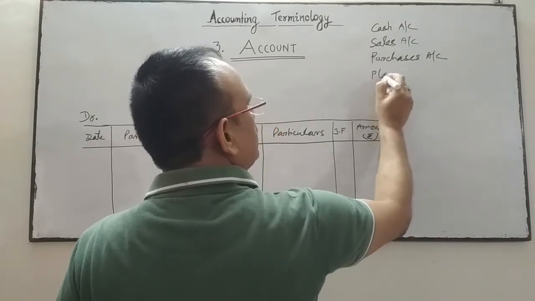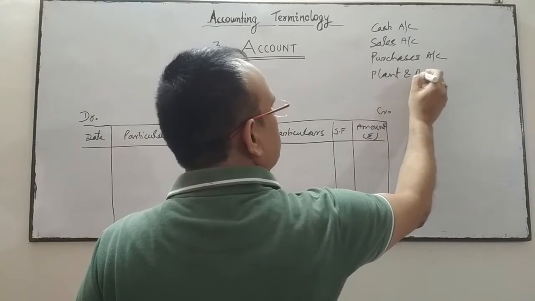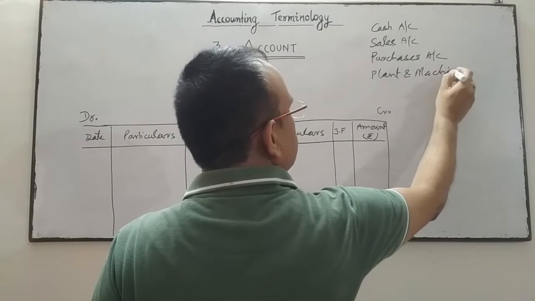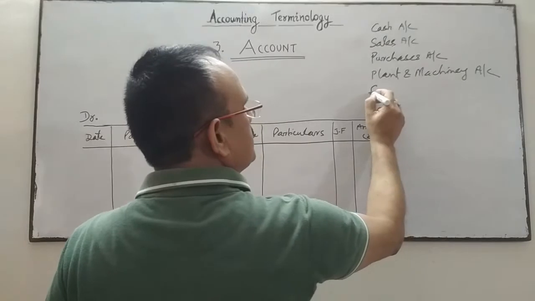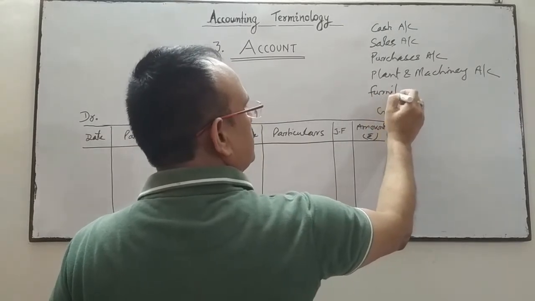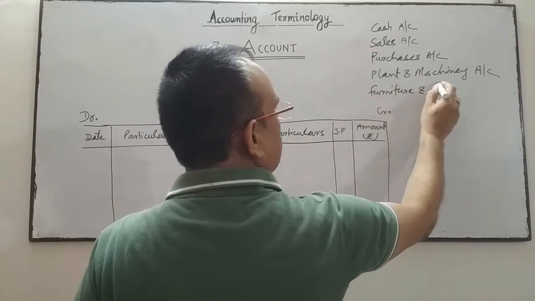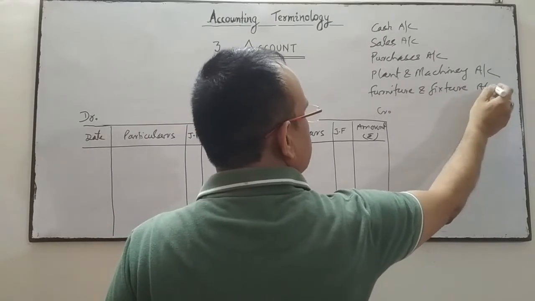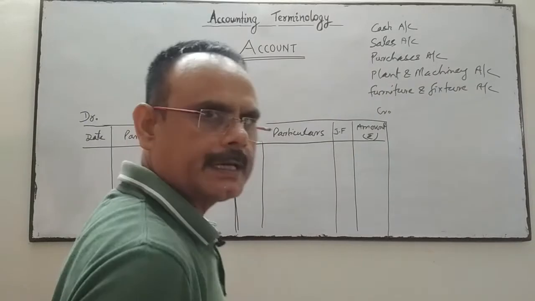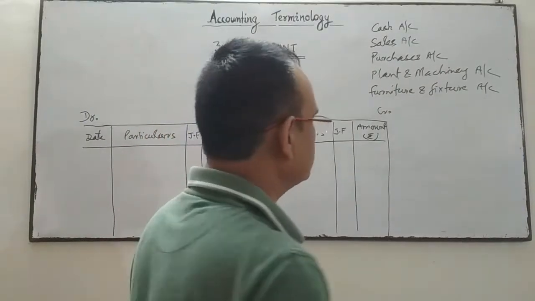Plant and machinery will be shown at one place, then it is the ledger of plant and machinery. Furniture and fixture is shown at one particular place, then it is called furniture fixture ledger, furniture fixture account.